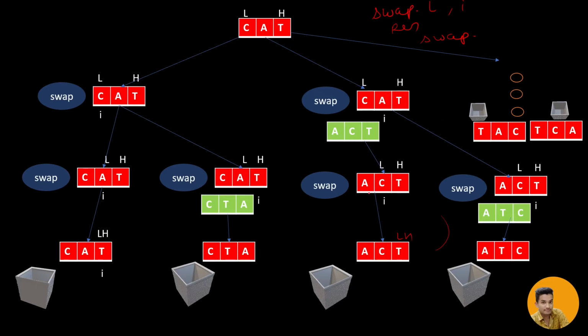So let's analyze again. We are swapping, we are calling, and we are again swapping back. How are we swapping back? Because you see, at this point I swapped, and this is the new string now, but on going back I again start with this string.